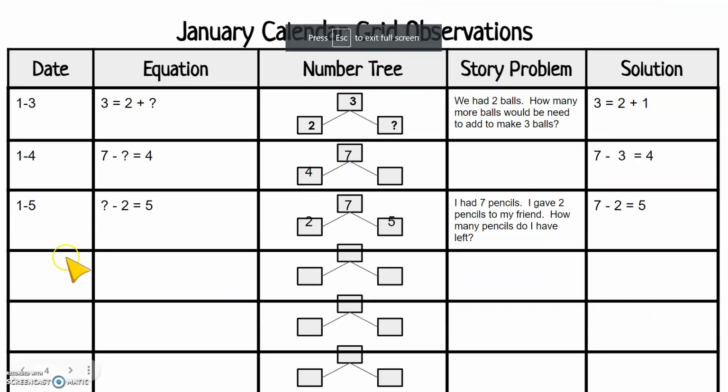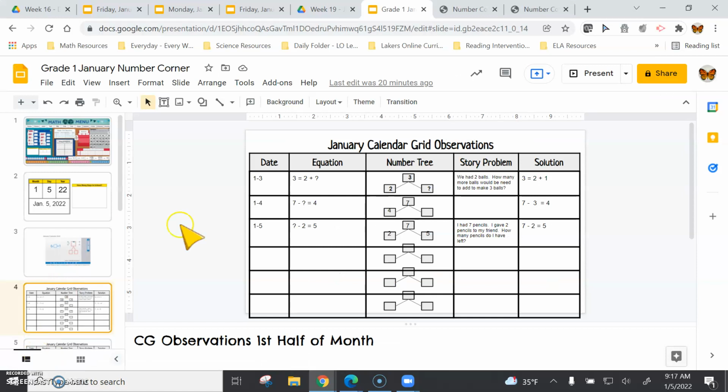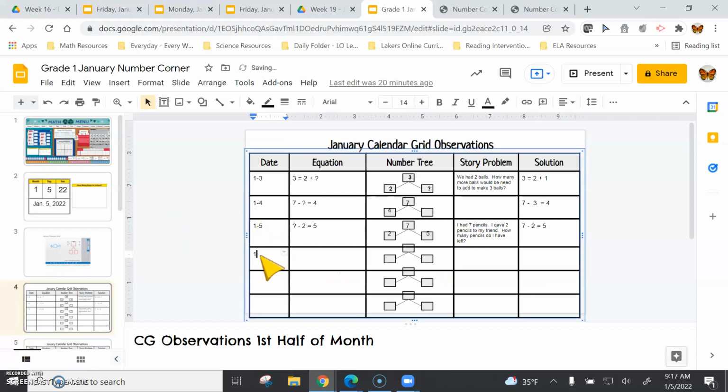Let's go to our calendar grid, type in our information. Something plus 3 equals 6. We are then going to move over and put in our number.